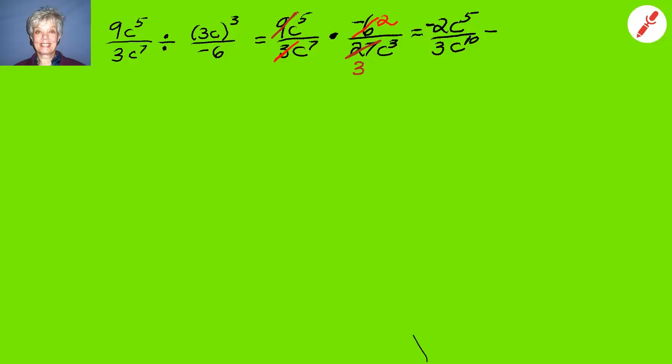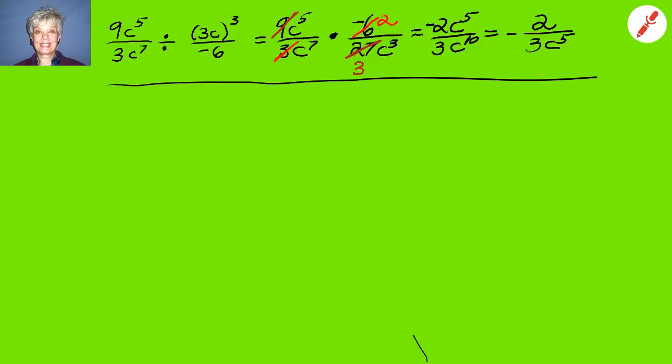And it's negative, of course. So we're going to have 2 in the numerator, negative out front. The denominator is going to have 3c to the fifth, because when you have like bases, you subtract the exponents, and when the larger exponent is in the denominator, you can do your subtraction down there.